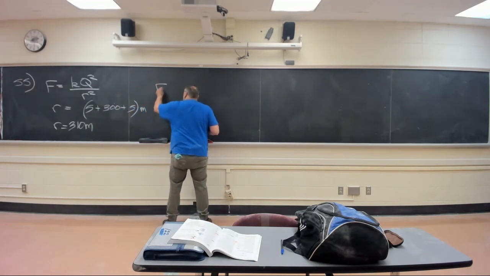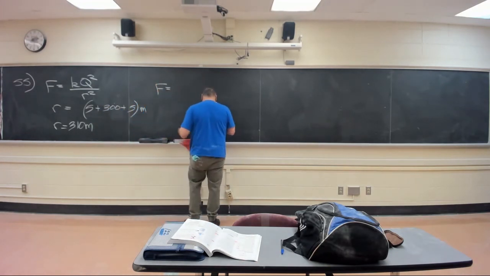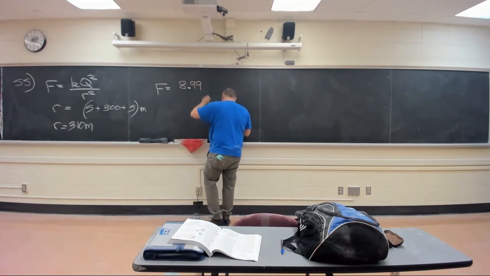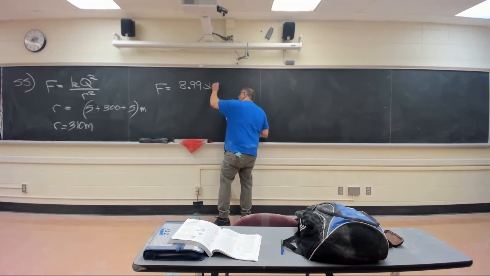F equals, and they gave us the numbers. We'll repeat the numbers here. K is almost 9 times 10 to the 9th. It's 8.99 times 10 to the 9th.